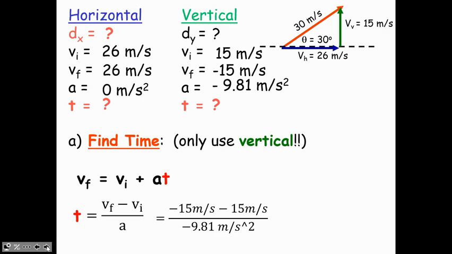And when I plug those values into my equation, I have negative 15 meters per second minus 15 meters per second, which will end up being negative 30 meters per second, divided by a negative 9.81 meters per second squared, which gives me a time of 3 seconds. So this is the total time the projectile spent in the air.